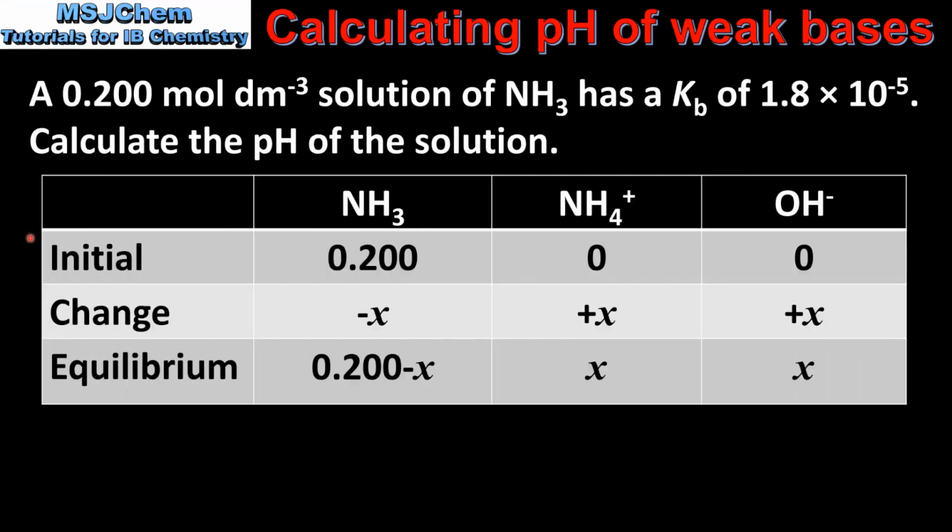So here we have our ICE box for the reaction. The initial concentration of the ammonia is 0.2 moles per decimeter cubed. The initial concentrations of the ammonium ions and the hydroxide ions are 0.